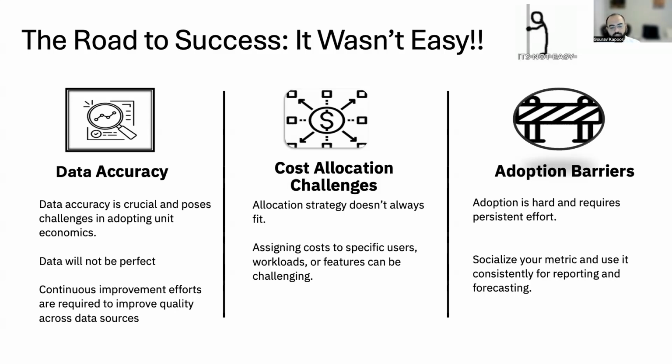It takes a while for teams to reach a mature stage. The most common way of doing that is education and bringing more people on board, getting executive support, continuous training, and socializing your metrics and data points across the organization.